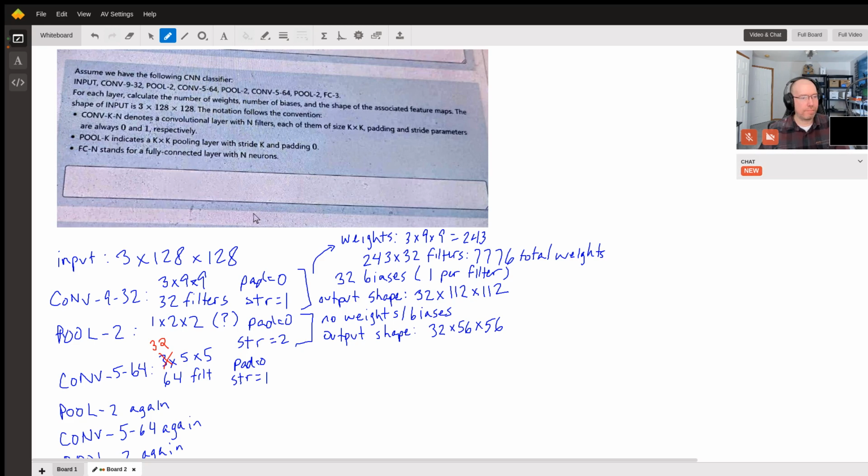Okay, yeah, I think pooling in PyTorch does not by default go across channels. So yes, I've got that confirmed. That's good.